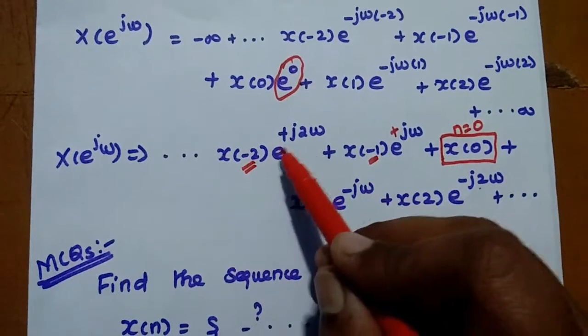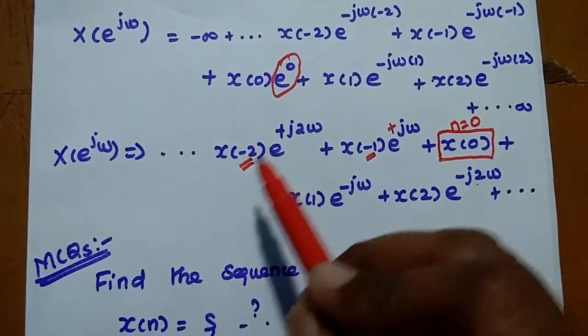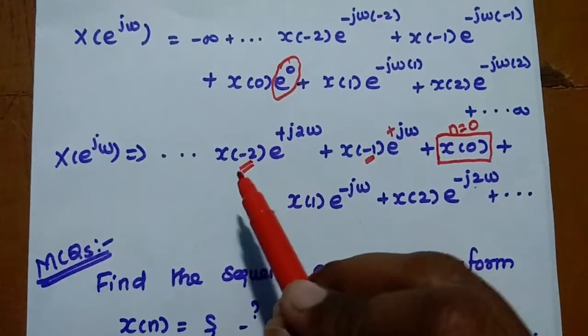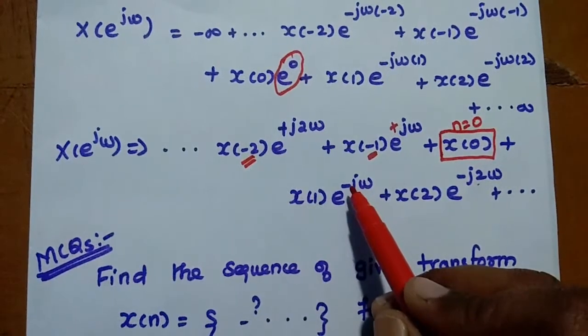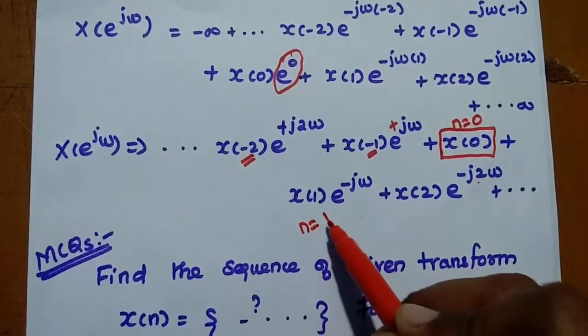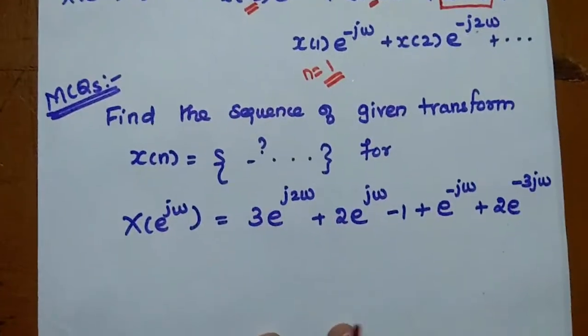Okay, so exponential sign is positive means it represents negative side of the time domain signal. Likewise, exponential is having the negative sign, it represents the positive side of the time domain signal. Okay. So let's solve some problems like this.